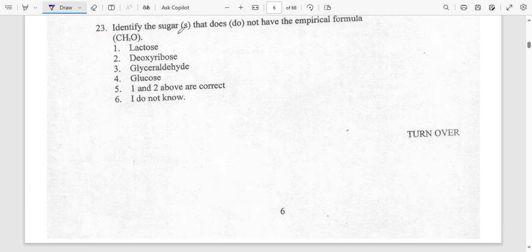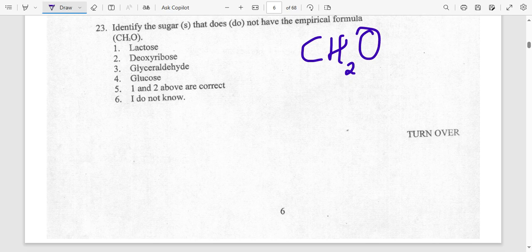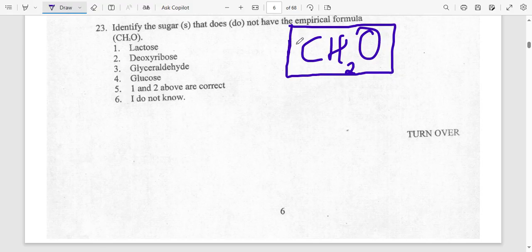Identify the sugars that does or do not have the empirical formula CH2O. Now CH2O is the empirical formula for monosaccharides, except deoxyribose. Why? Deoxyribose doesn't have an oxygen at carbon number 2.